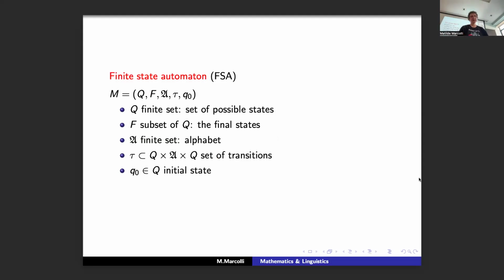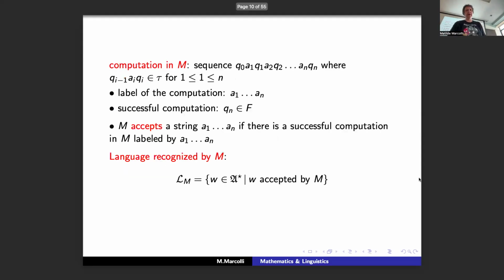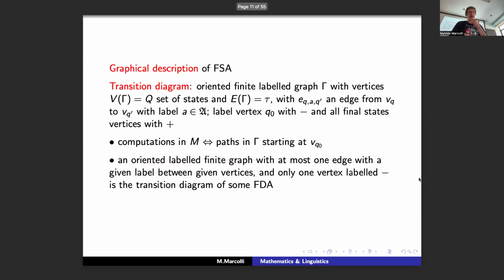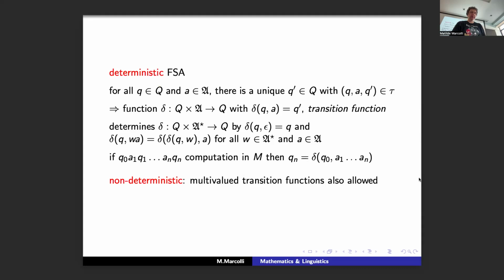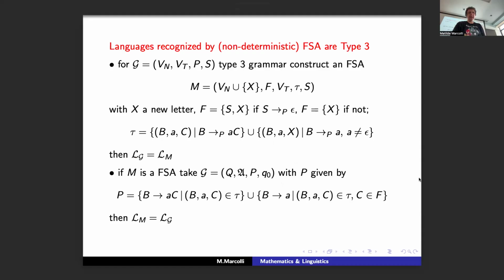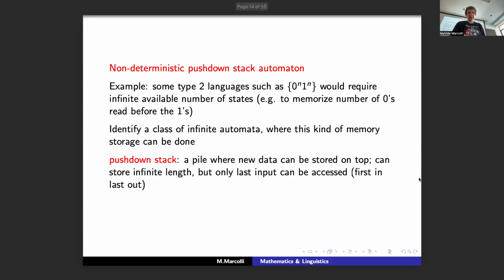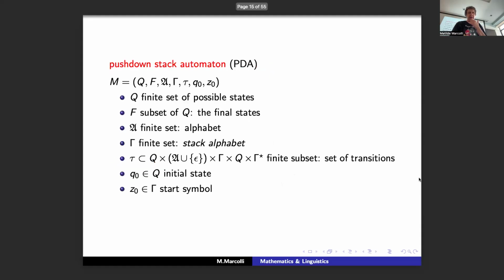Last time I covered the finite state automata and the fact that they recognize the regular languages, type 3. And then the next case is the context-free grammars that are recognizable by push-down stack automata.